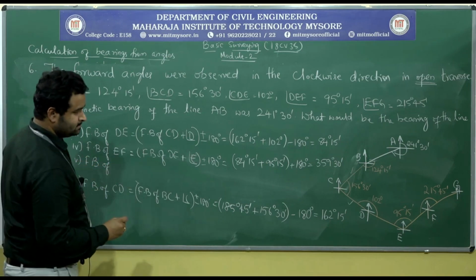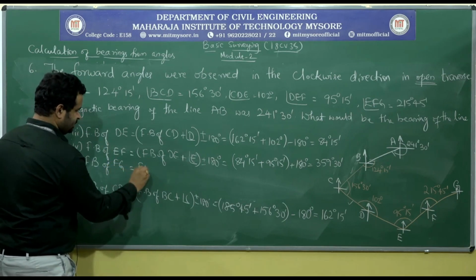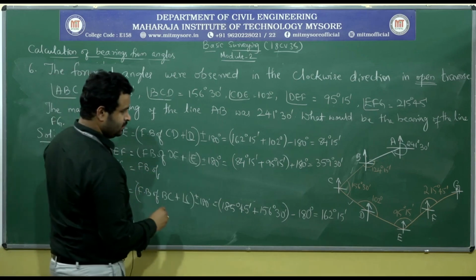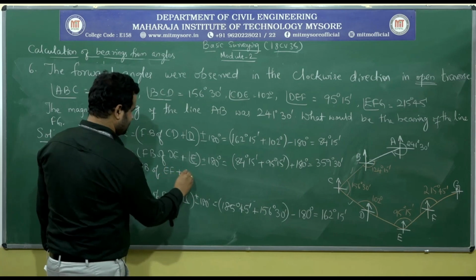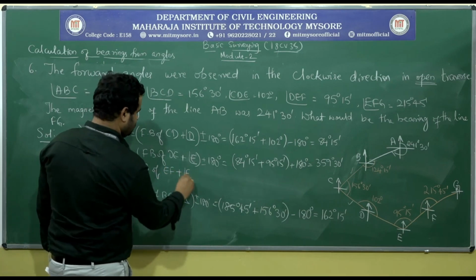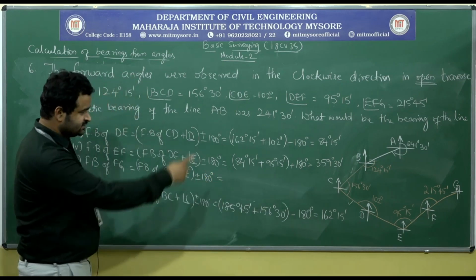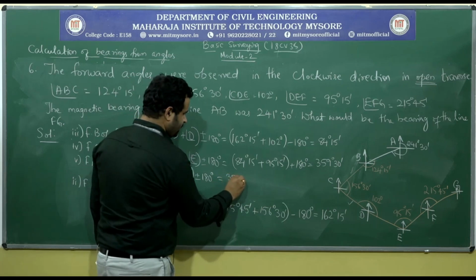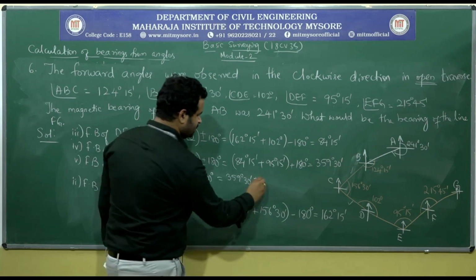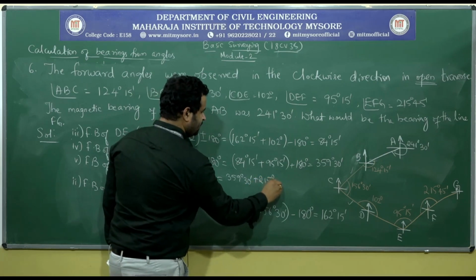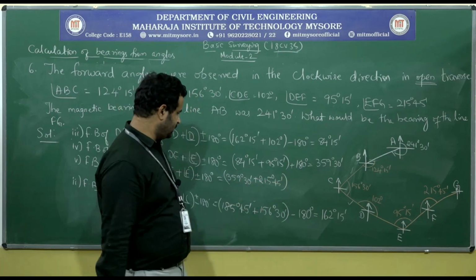Next, forebearing of line FG, that is forebearing of line EF plus angle F plus or minus 180. Forebearing of EF is 359 degree 30 minutes plus angle F, 215 degree 45 minutes. Okay, so add, you will get how much?